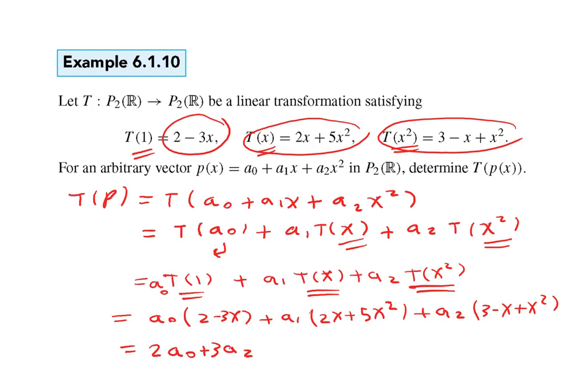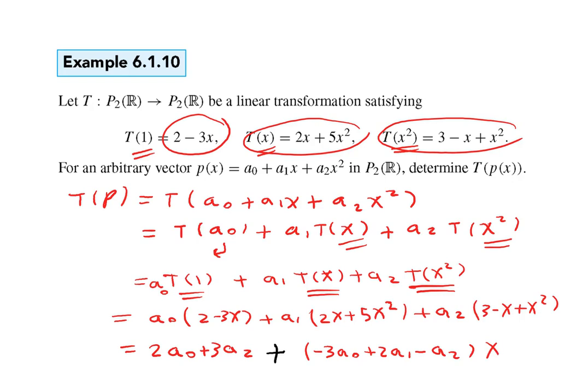That's my constant. Now we're moving to the first degree term, which will be negative 3 a sub 0 plus 2 a sub 1 minus a sub 2, multiplied by x.